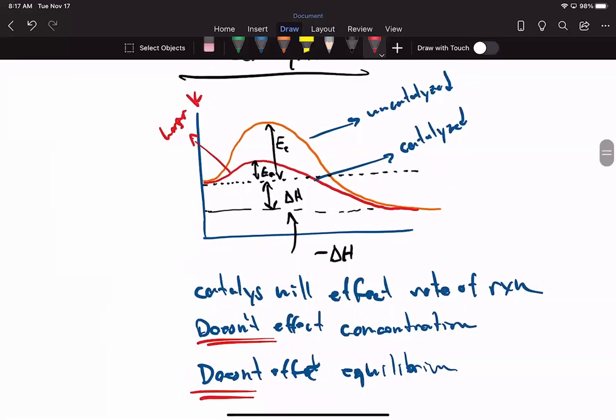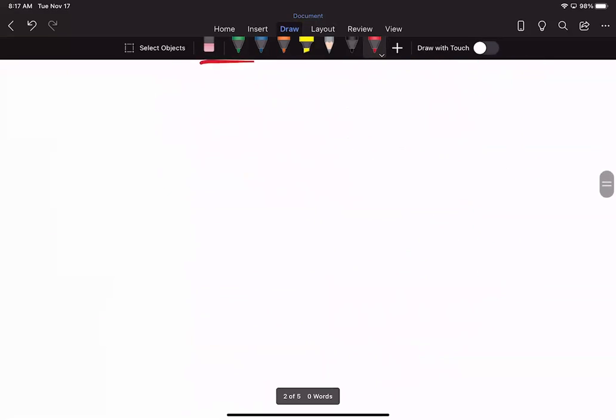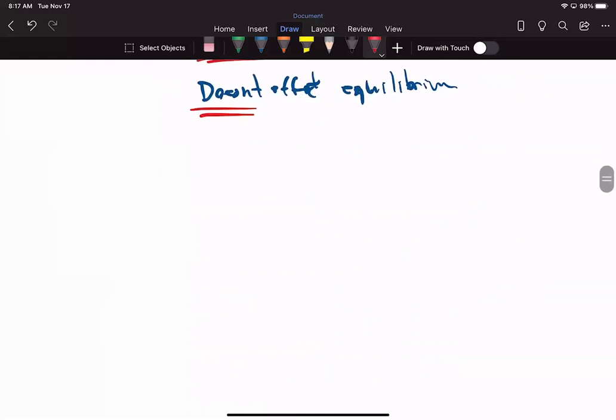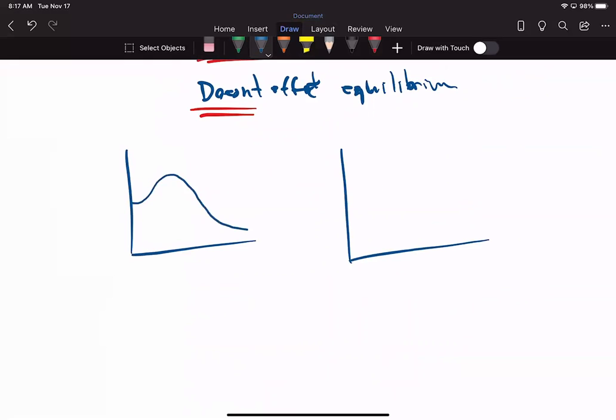Now, as far as catalysts go, you know what, I better do it before we get there. Because when we're looking at activation energy, sometimes we'll have it go like this, and sometimes we can have it go like this, right?